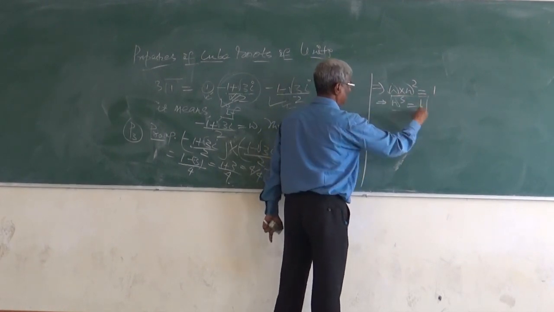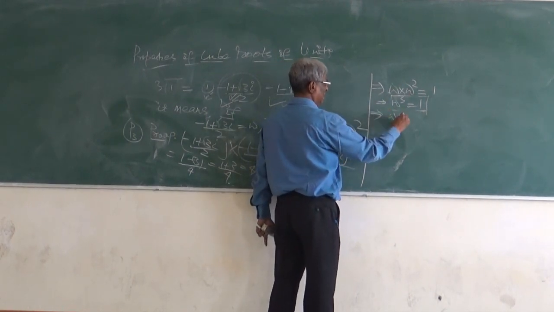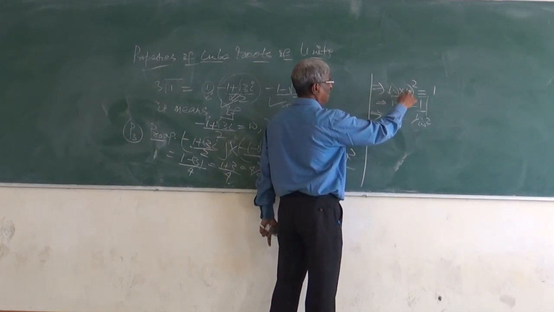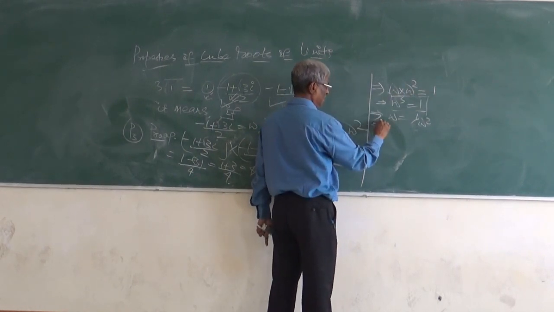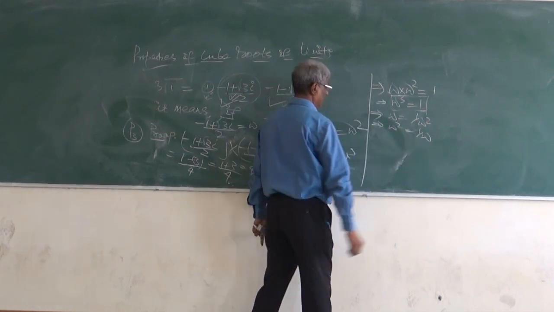This is one of the best results for you. Also you can write here omega is 1 upon omega square, means one root is the reverse of the other, or omega square is equal to 1 upon omega.